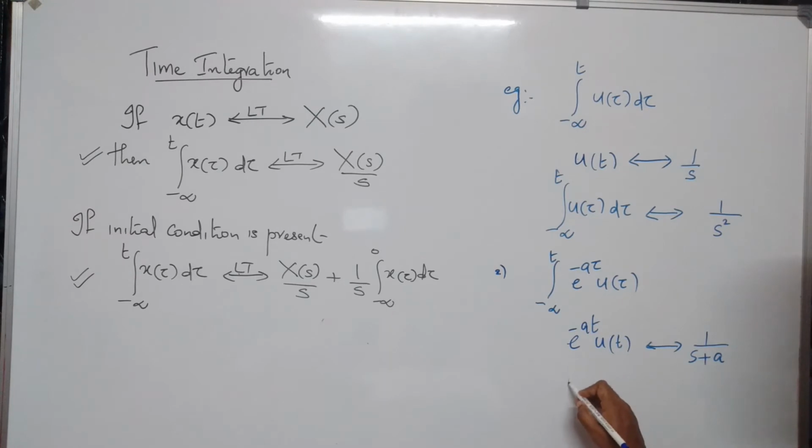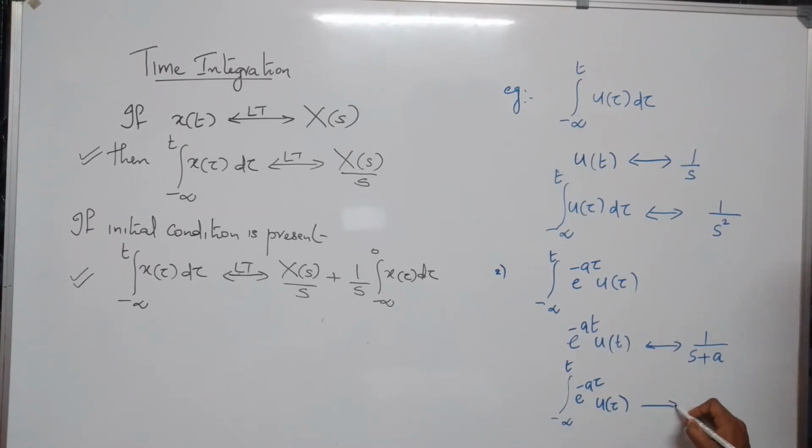Then the integral will be 1 by s into 1 by s plus a. So this is the time integration property. When you see an integral sign in the question of Laplace transform, you will have to apply the time integration property. Check for the standard result and then apply the property.